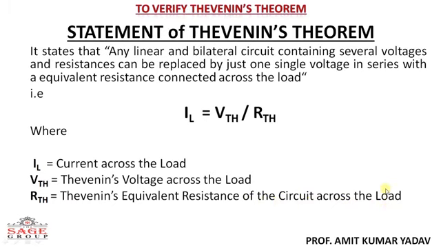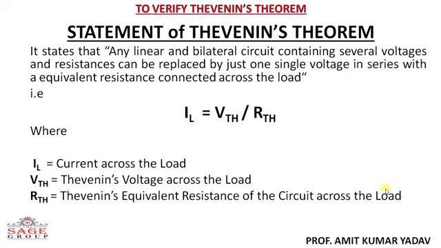Okay, now in simple words we can say that, suppose we have a vast network in which so many loads are connected, and suppose you have to calculate the current of any particular load, then what do you have to do? Suppose you calculate the current of that particular load by using KVL or KCL, then it will become very complicated.